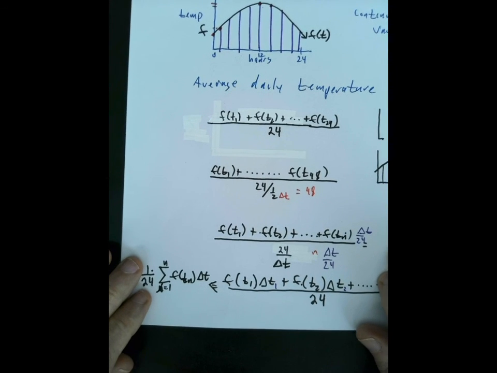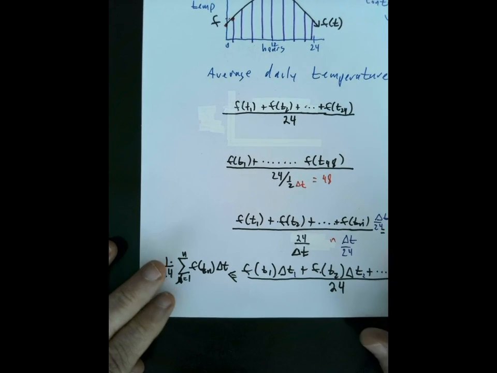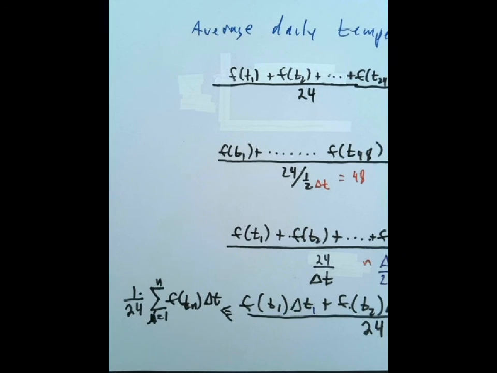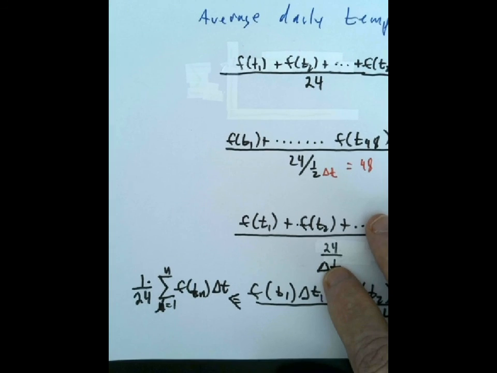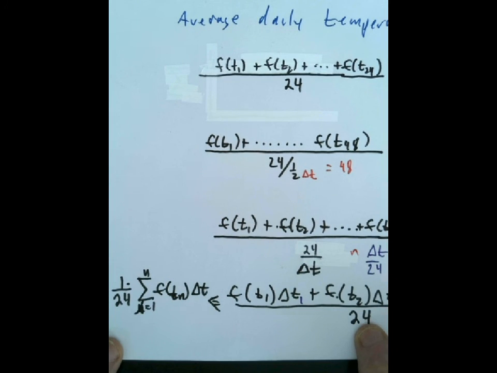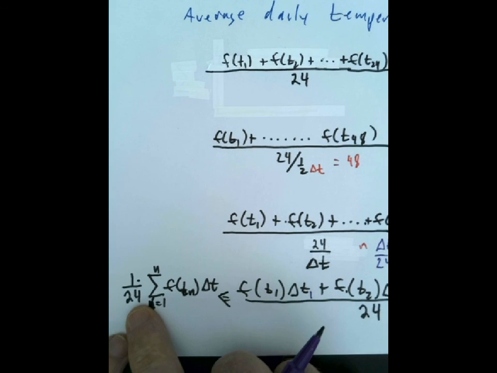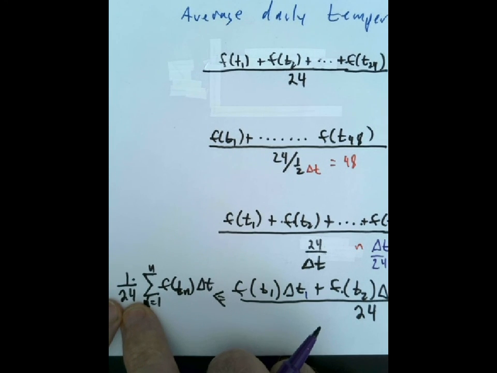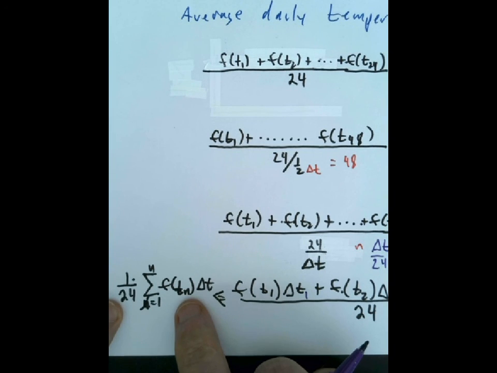And that gives us, and I want you to look at this. I'm going to zoom in a little bit on that. We take this 24 that was on the inside, and we can factor it to the outside and get 1 over 24 on the outside, times the sum from 1 up to n of f of t delta t.